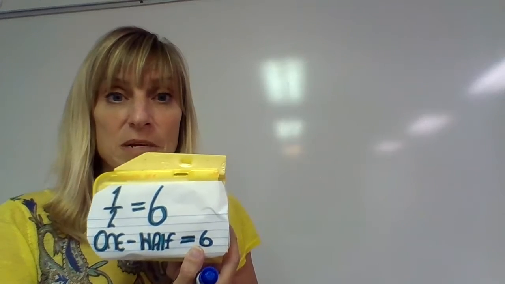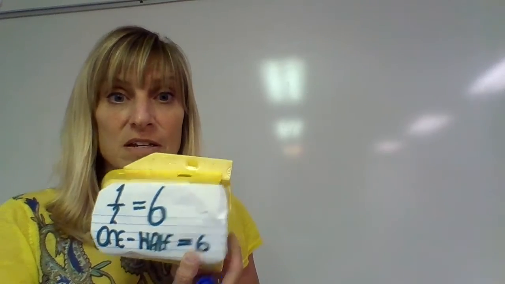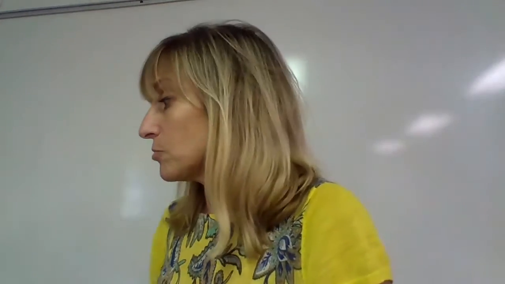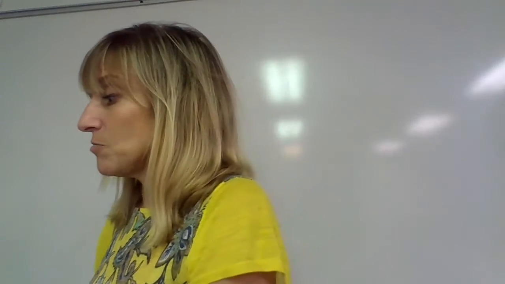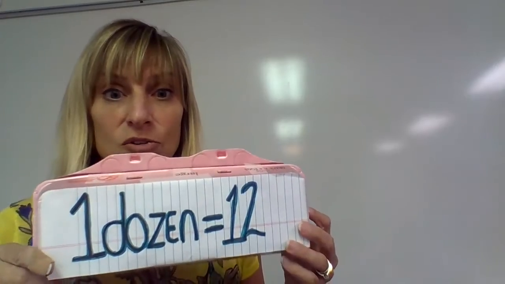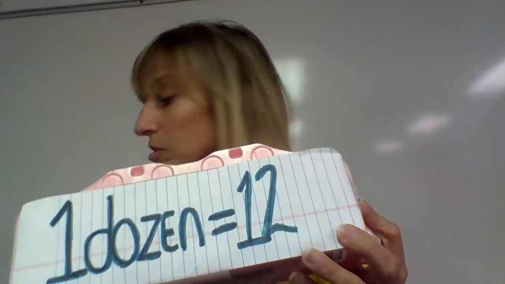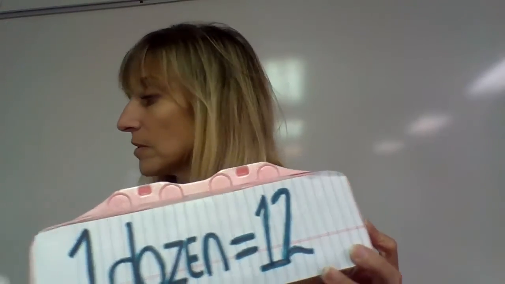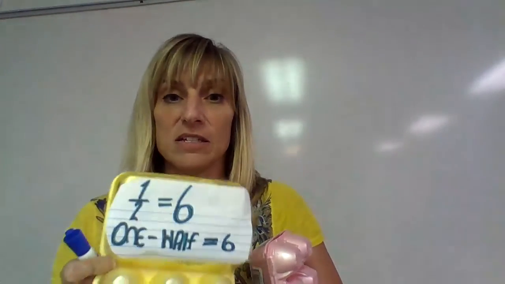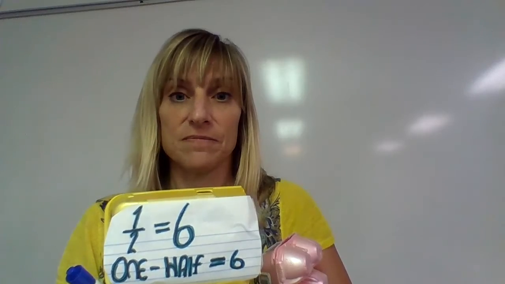Remember that? Miss Eba made these for us. Okay, 6 also equals 1/2 dozen. And when we had our egg carton on the wall here, we had 12 eggs. 12 equals 1 dozen. So 12 equals 1 dozen, and 6 equals 1/2 dozen. Okay, that's just a little review.